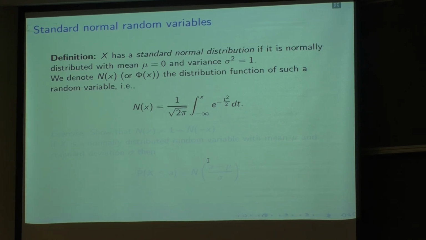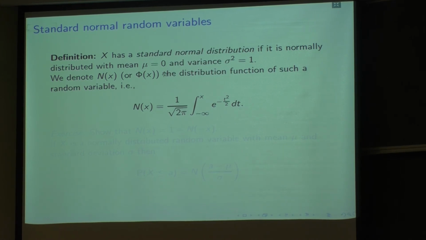And now there's a special instance of normally distributed random variables, which all the other ones can be reduced to. And that's the case in which your normally distributed random variable has a mean of 0 and a variance of 1. We call this standard normal distribution, standard normally distributed random variables. And in that case, the distribution function simplifies.